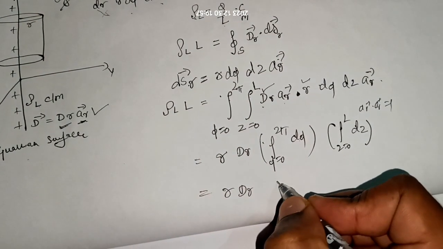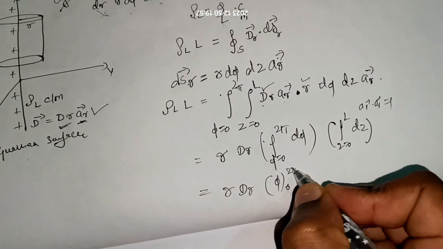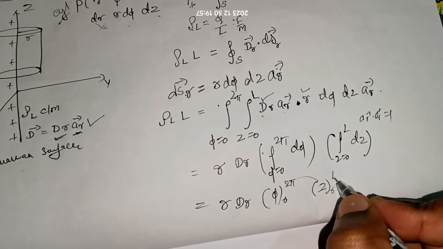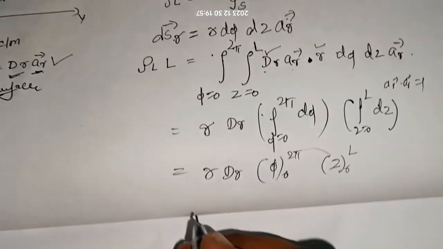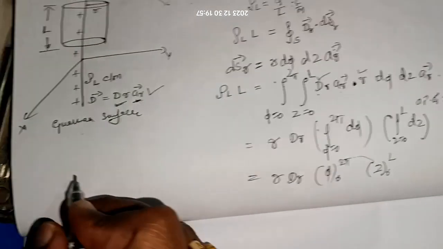The integration of d phi is phi, with limits 0 to 2 pi. And the integration of dz is z, and it is 0 to L. Now how it is going to be, I will write here.